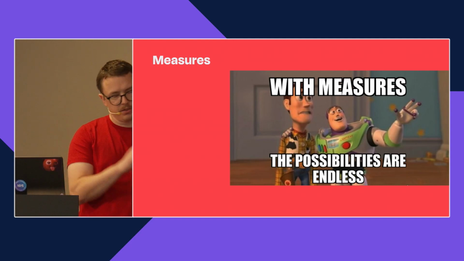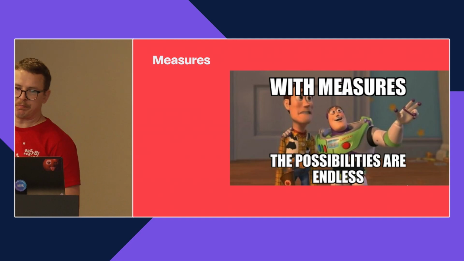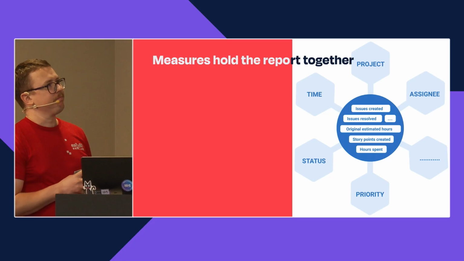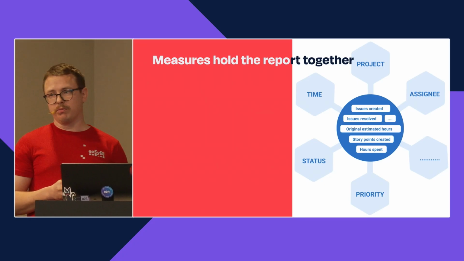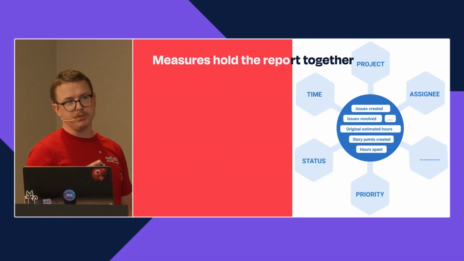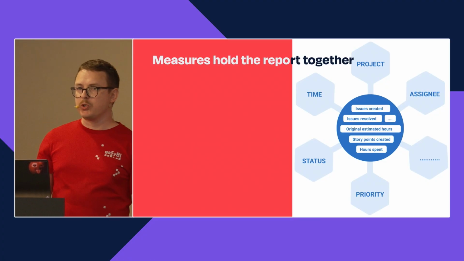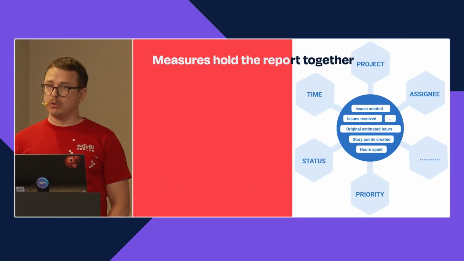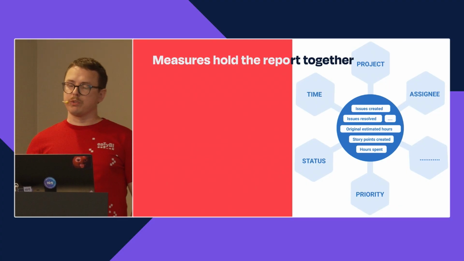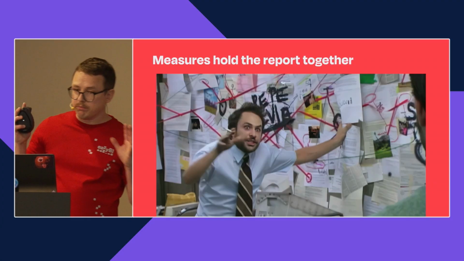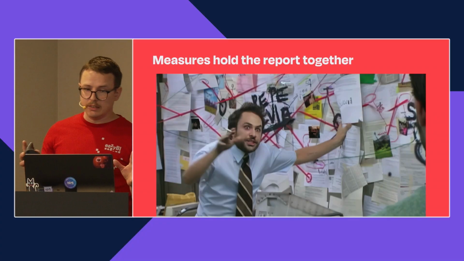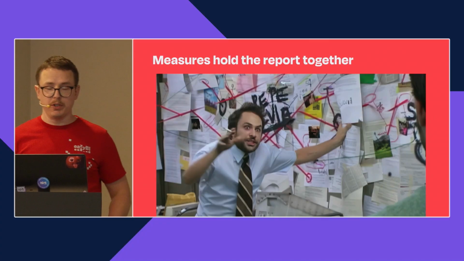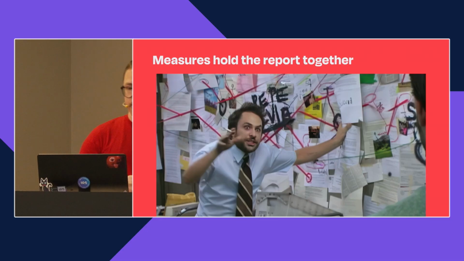But yes, some key takeaways about measures. They hold the report together. They tie all the different perspectives, the dimensions, together, and help the reporting engine to return results faster. So it's all connected, and so use at least one numeric measure in your reports.